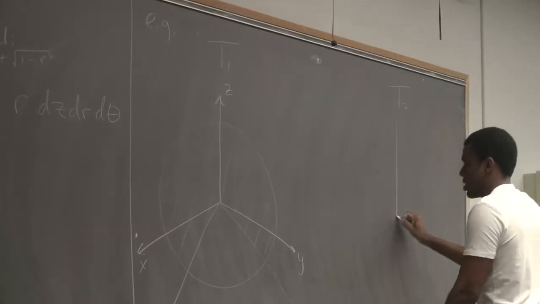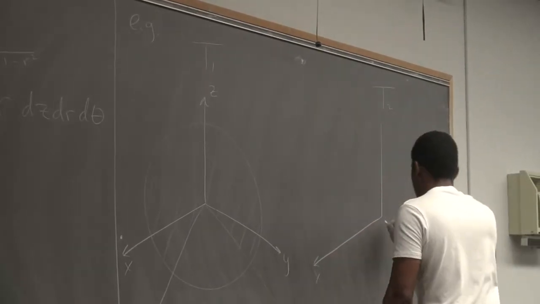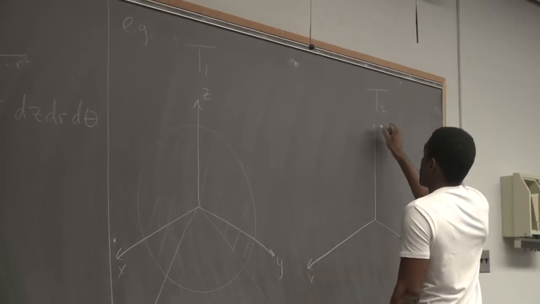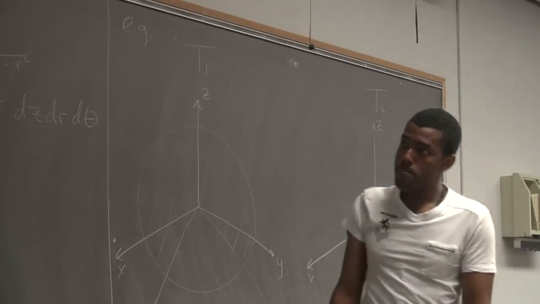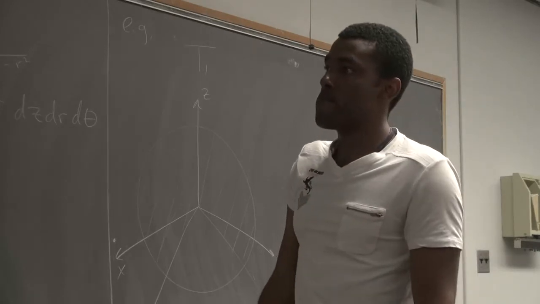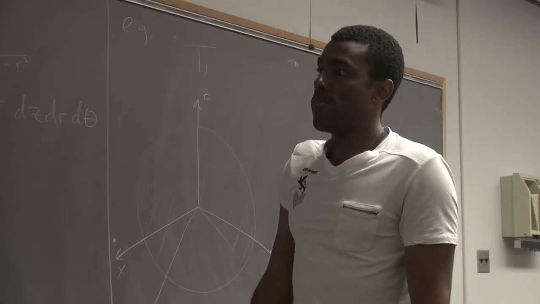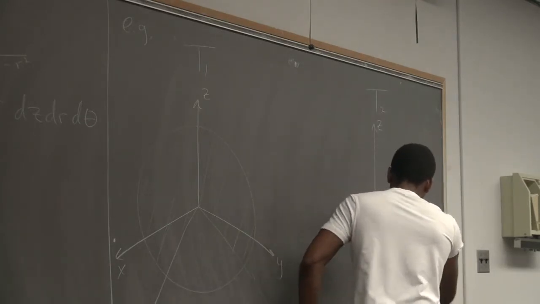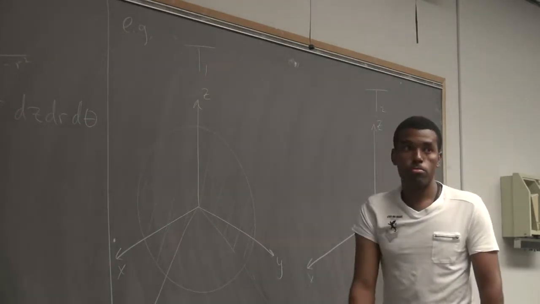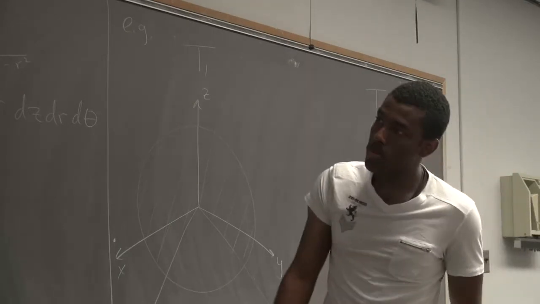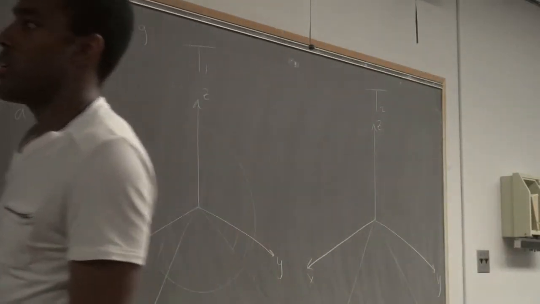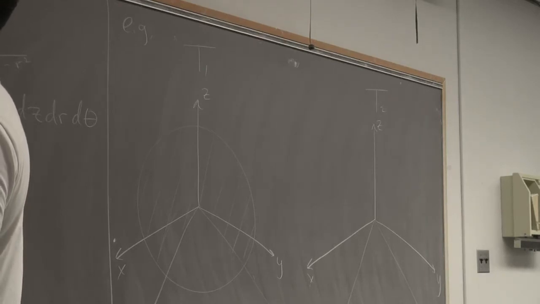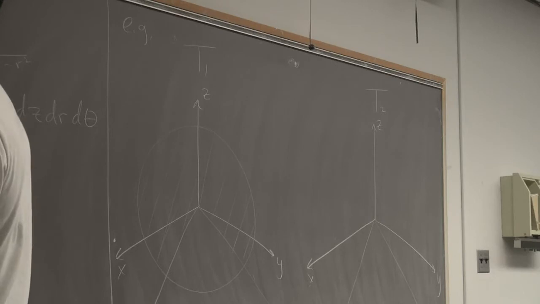What does T2 look like? Downward opening cone. It's again a downward opening cone. And an infinite cylinder, radius 1. Let's see, it's above this, below this, and inside this.